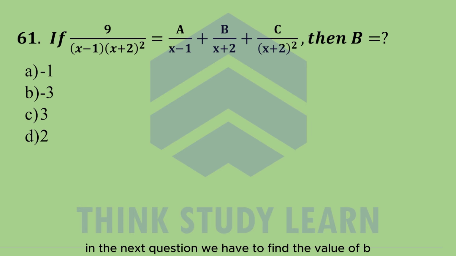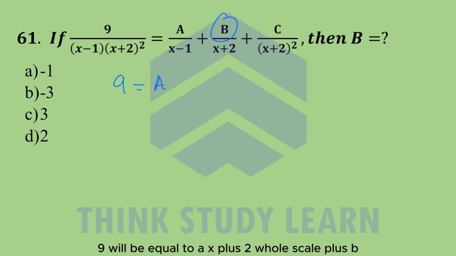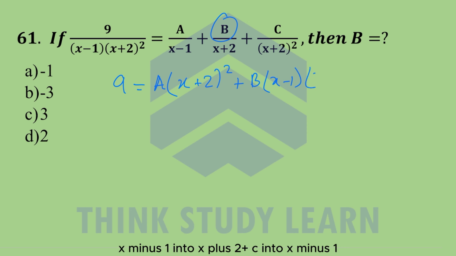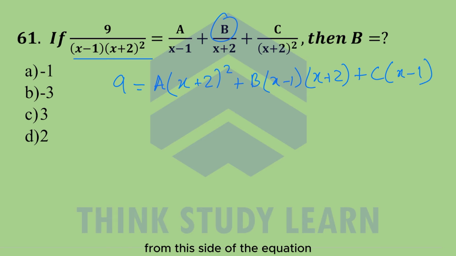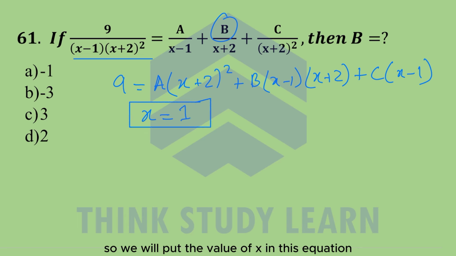In the next question, we have to find the value of B for the given partial fraction. Rearranging the partial fraction, 9 will be equal to A x plus 2 whole square plus B x minus 1 into x plus 2 plus C into x minus 1. From this side of the equation, the first value of x is equal to 1. So we will put the value of x in this equation.